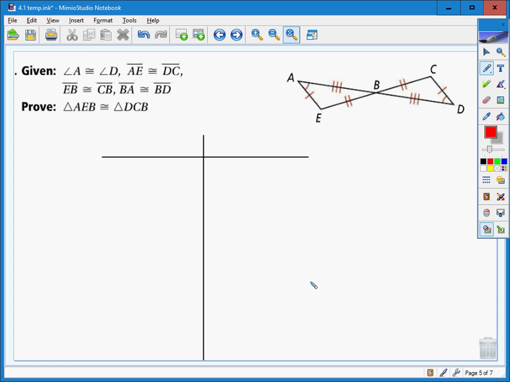Okay. Remember that when we go to do a proof, we're going to do our proofs in this 2-column form. And on one side, we're going to have our statements. On the other side, we're going to have our reasons. This is the process.